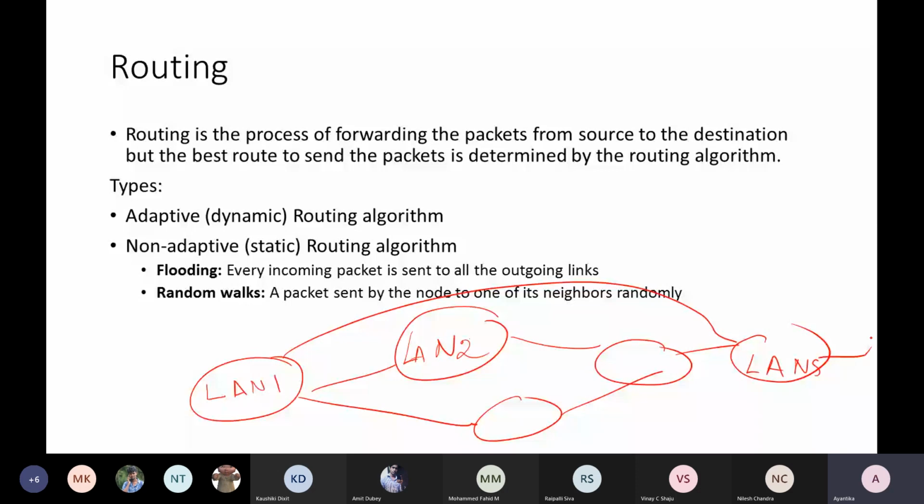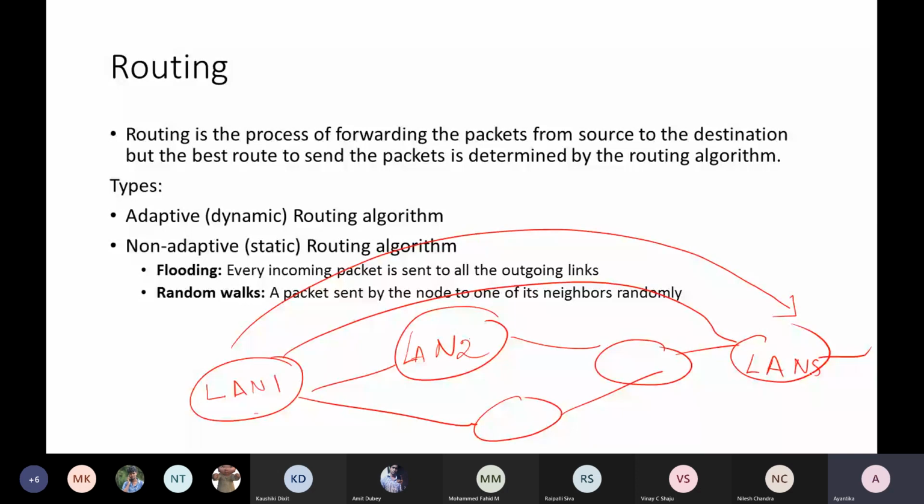From LAN 1 to LAN 5, you are interested in sending some data, but you have to know which path is suitable enough or cost effective to follow when you are sending your data from one LAN to another LAN. That is defined in the routing protocol or the routing algorithm that is present inside the router.